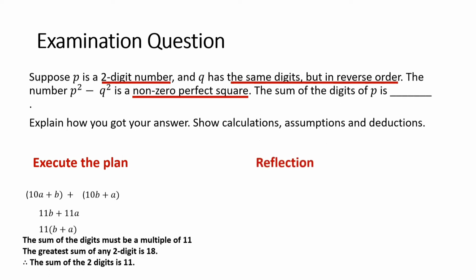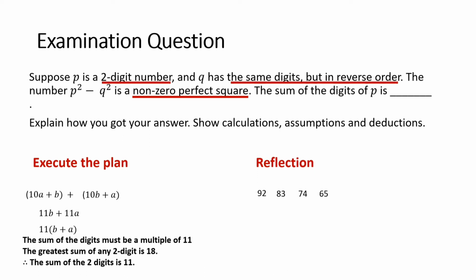Let us reflect on our answer to see if our answer is correct. Now, if we said that the sum of the digits must be 11, that means the two-digit numbers can only be either of the four numbers, that is 92, 83, 74, and 65.